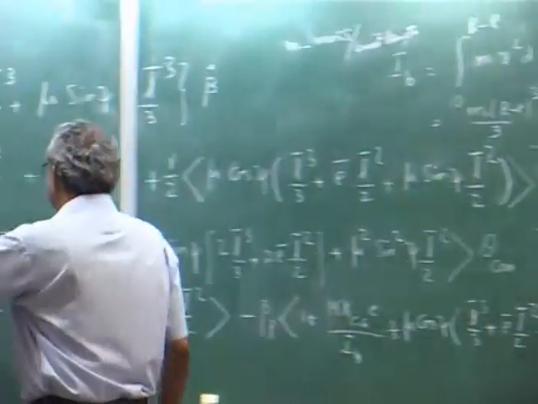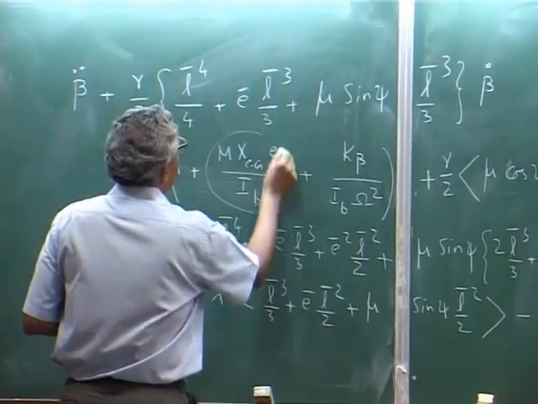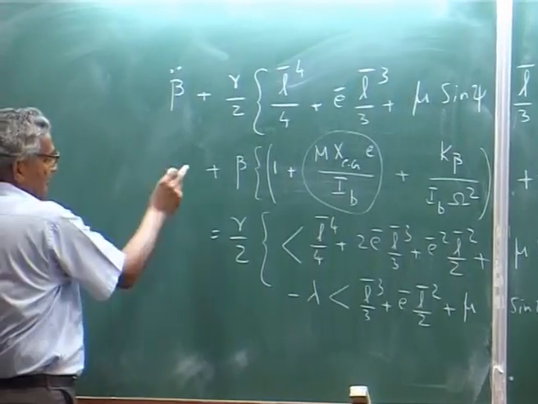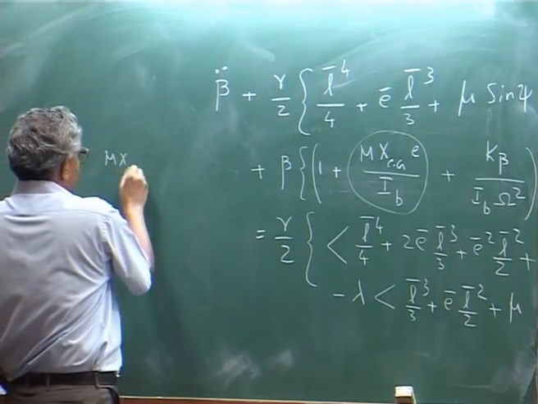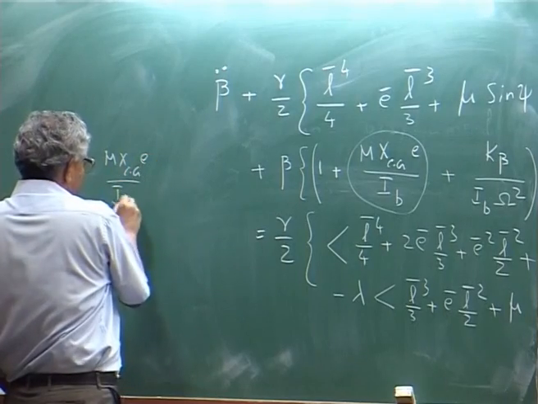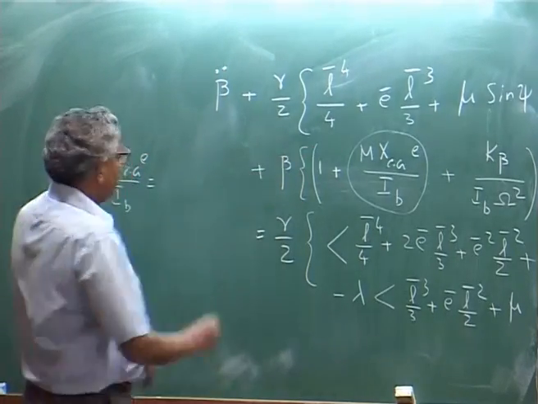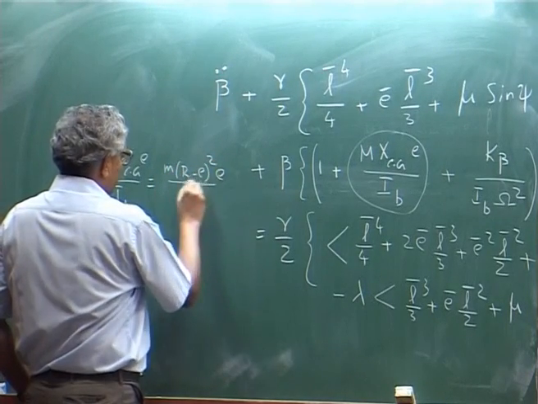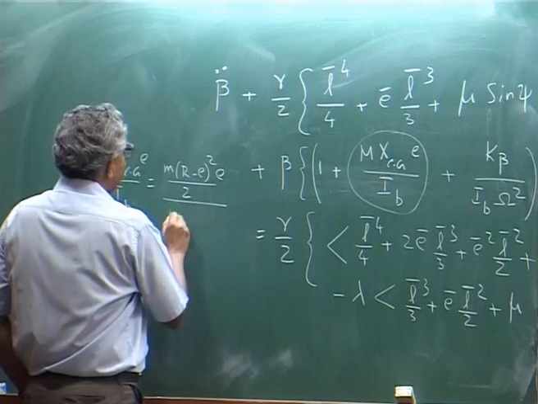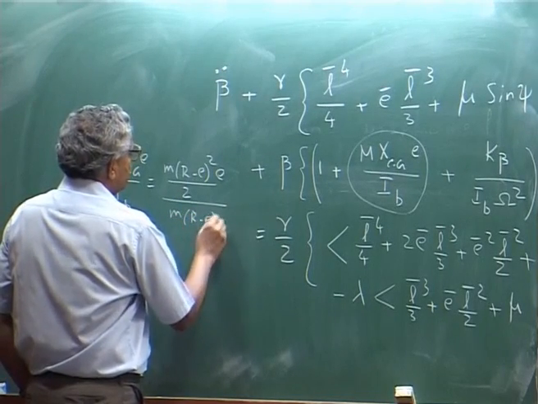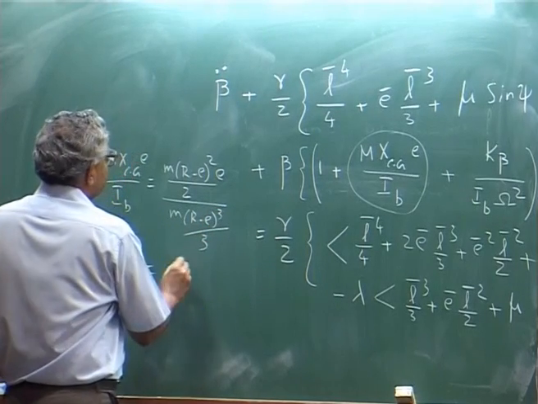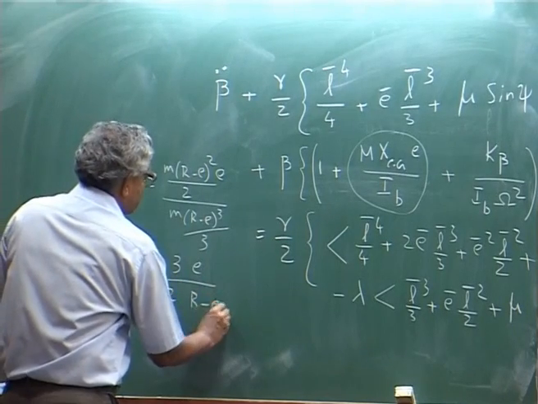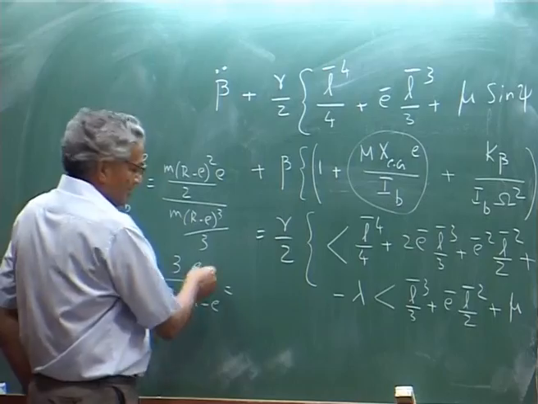Now, if I substitute in this place, m x c g E over I b becomes m r minus e whole square E over 2 divided by m r minus e whole cube over 3. So, this will become 3 E over 2 r minus e, which you can write as non-dimensional.